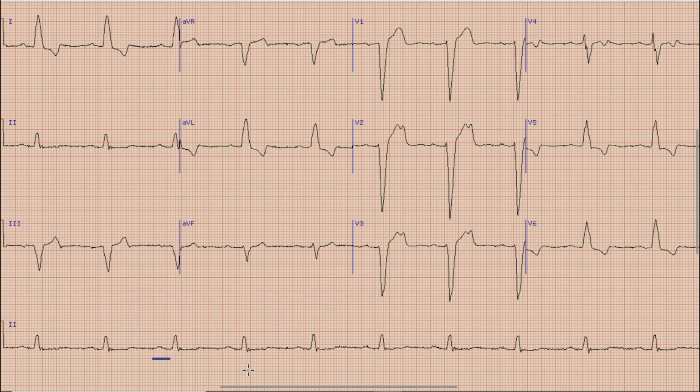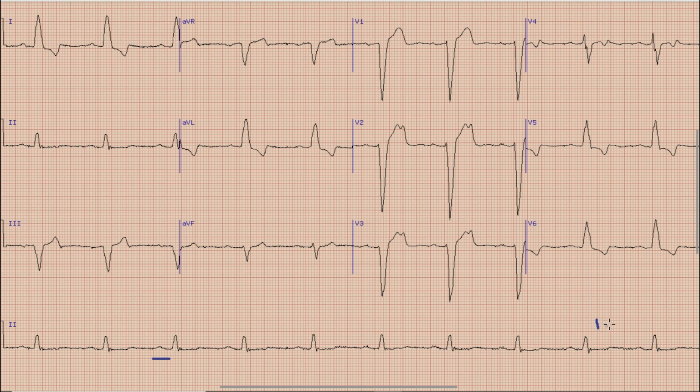After the rhythm, the next step is calculation of heart rate. There are multiple methods to calculate heart rate on ECG, but as you know from our previous videos, we use a simpler method in which we look at a QRS complex which lies on a broad vertical line, and between this QRS complex and the next QRS complex we count the large boxes.